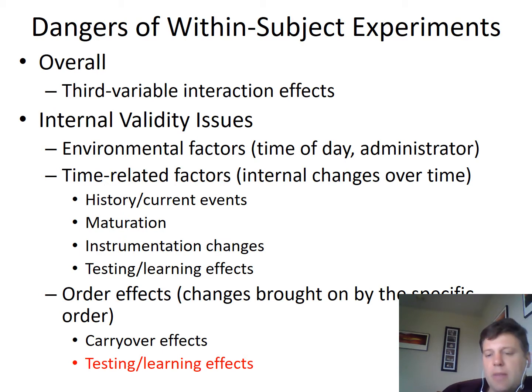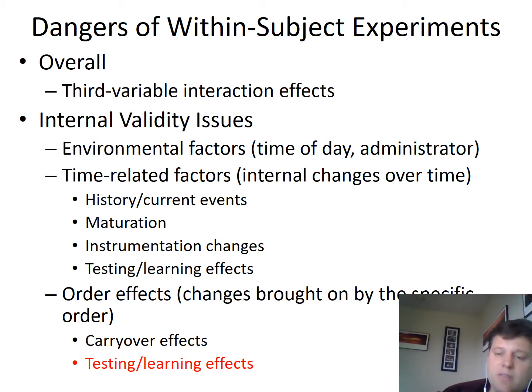Another thing that can happen, and we've talked about this before, is learning. It could be that you learn that specific task more, or maybe there's outside information that's been encountered since the first exposure, the first level, first test of the experimental study, and that's caused the person to actually perform better the second time around, even if there isn't supposed to be any major carryover effects.